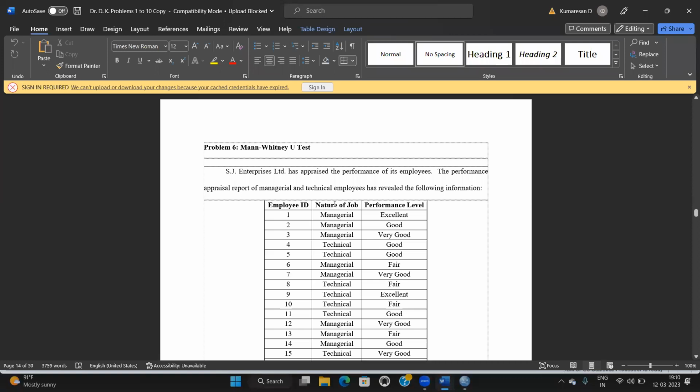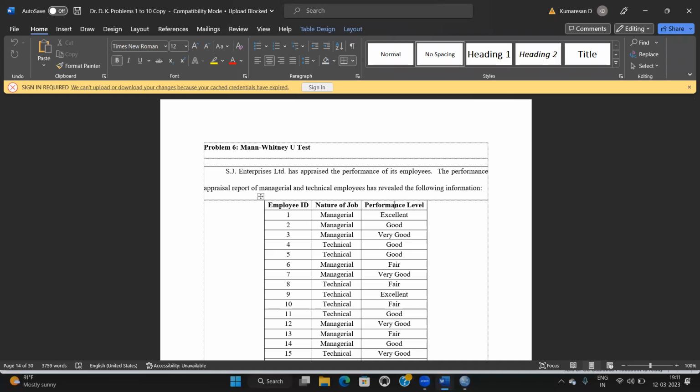So it is similar to the independent samples t-test. Whereas when you come to the dependent variable, in the case of independent samples t-test, the dependent variable was given as scale data.